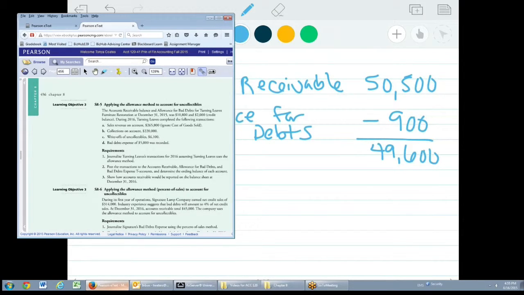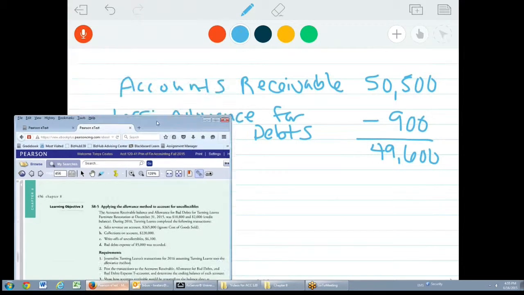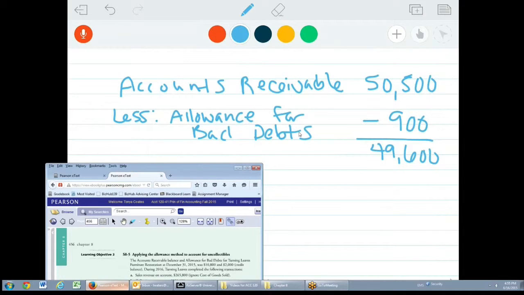Accounts receivable has a normal debit balance, and our allowance account has a normal credit balance, and we would show the net receivable amount of $49,600 on our balance sheet. So that was our short exercise 5 on page 456 in the 5th edition of the textbook.